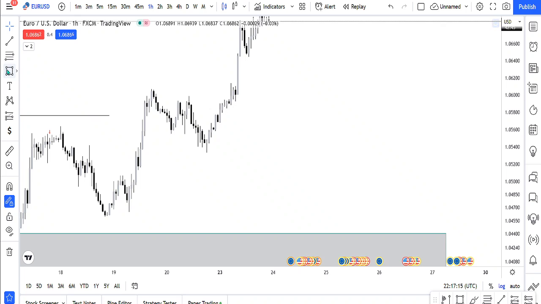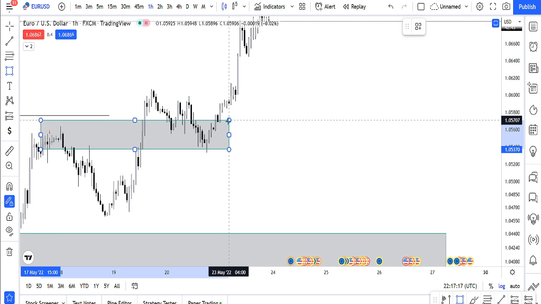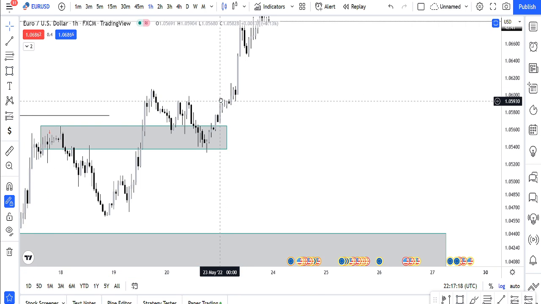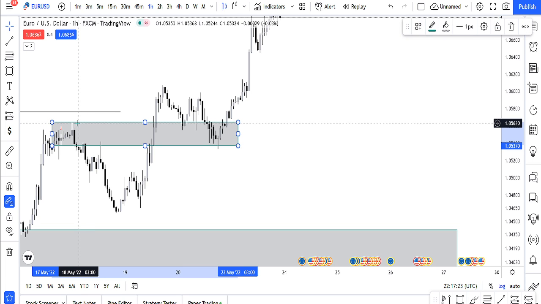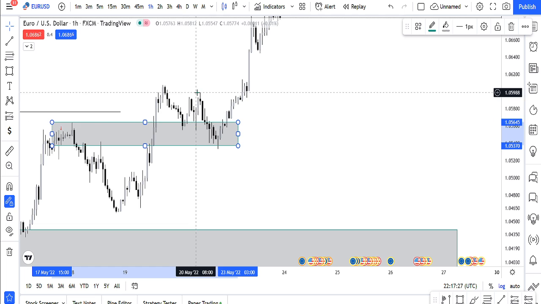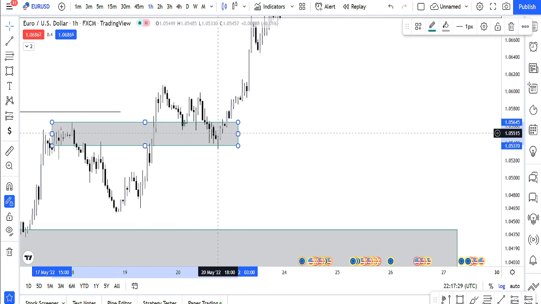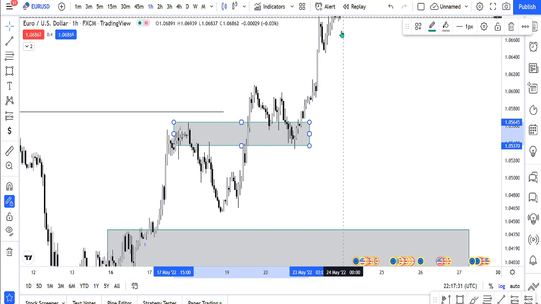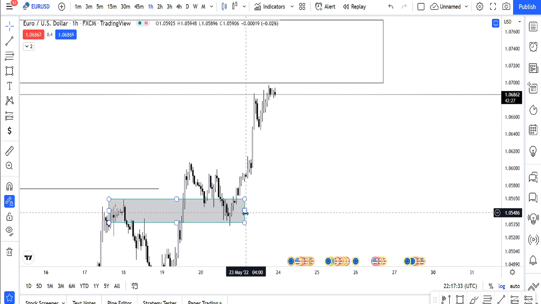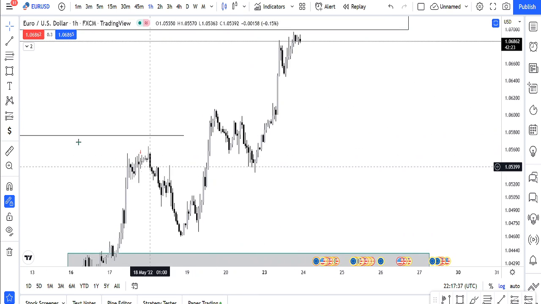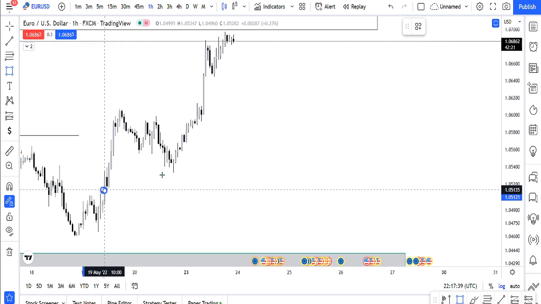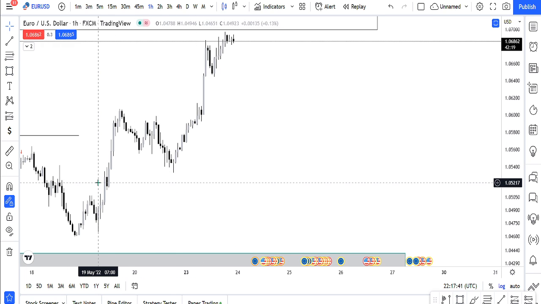And then you can see here we had an area of supply, and price again didn't pull back to the area of resistance, because this was going to be in the area of resistance, but it didn't retest it properly. Instead, it retested the area of supply and pushed higher. And this is kind of the idea you want to have while trading. And then you can see price kind of pull back to this area also to retest it.